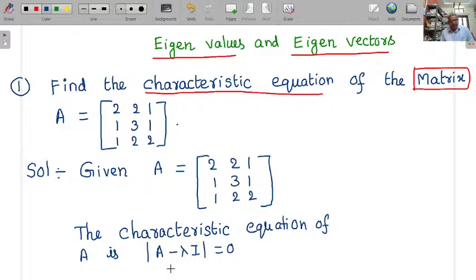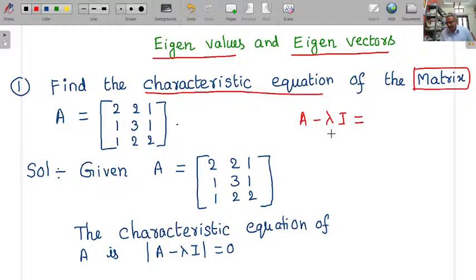So let us find the value of A minus lambda I. How to find A minus lambda I is very simple. I will write in the rough part. A minus lambda I is known as the characteristic matrix. How can you get it? Just concentrate on the principal diagonal elements, that is 2, 3, 2. From 2 subtract lambda, from 3 subtract lambda, from 2 subtract lambda, and the remaining elements will be the same: 2, 1, 1, and 1, 1.